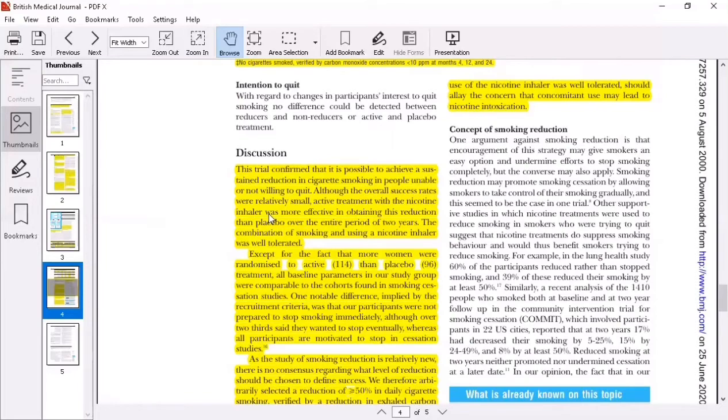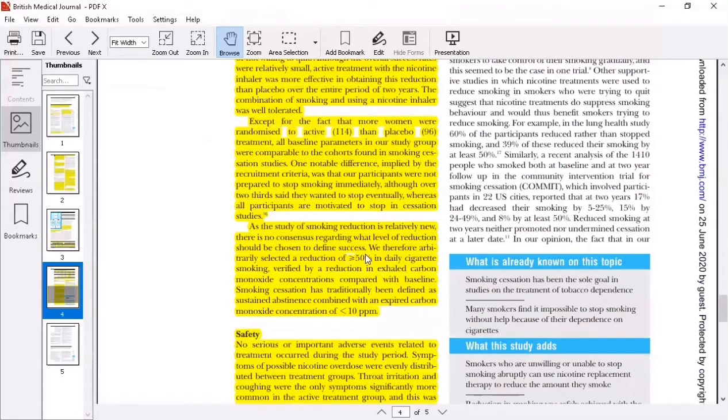That is about trial limitations, addressing sources of potential bias, imprecision, and, if relevant, multiplicity of analyses. And then that is checklist number 22, interpretation. Interpretation consistent with results, balancing benefits and harms, and considering other relevant evidence.